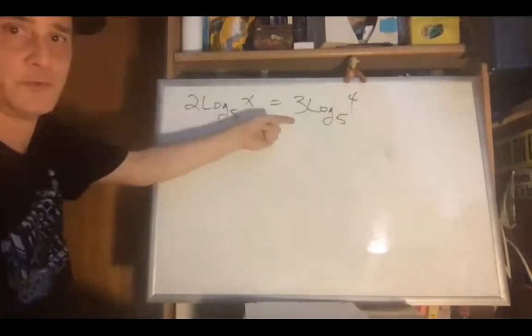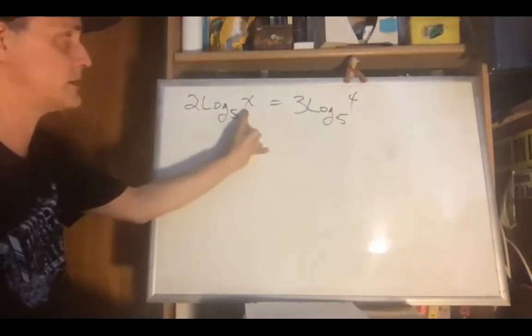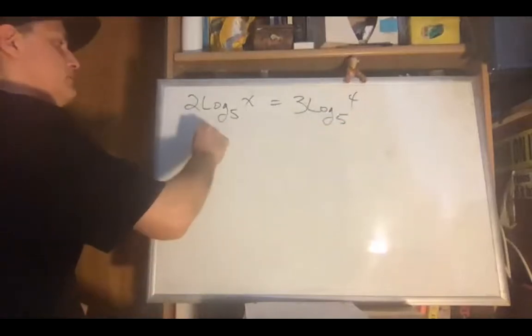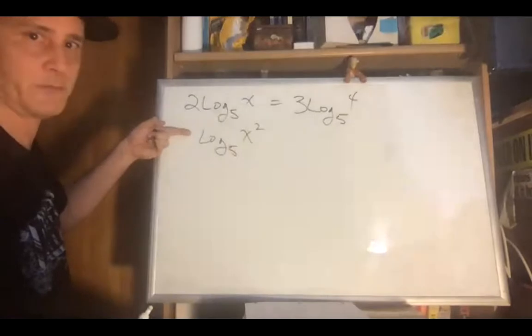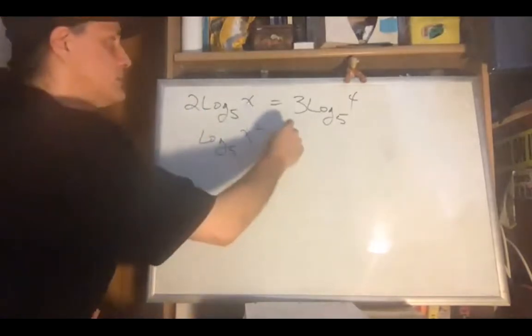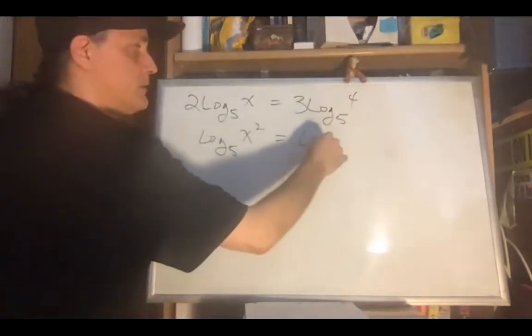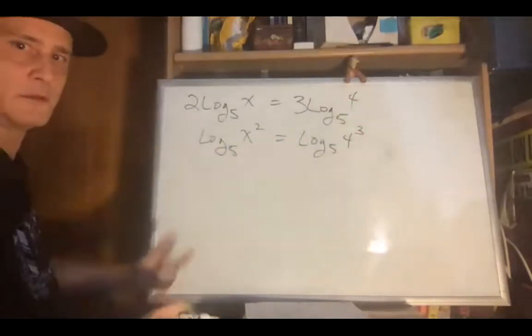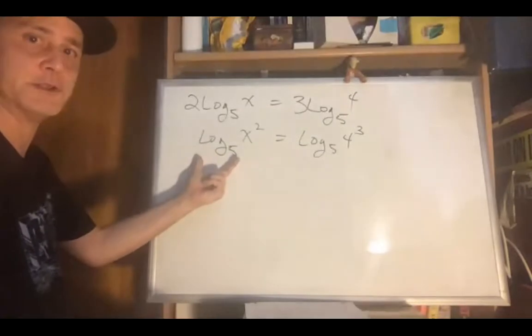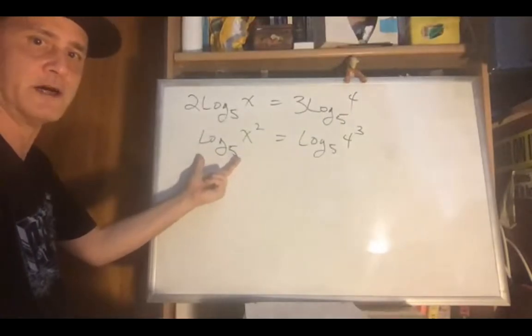Okay, so we got this 2 and this 3. Those originally were exponents to the two values. The first thing we want to do is reverse that logarithmic property. So the 2 is now the exponent of x, and the 3 is now going to become the exponent of the 4. All right, so now you have the same log function based on 5.